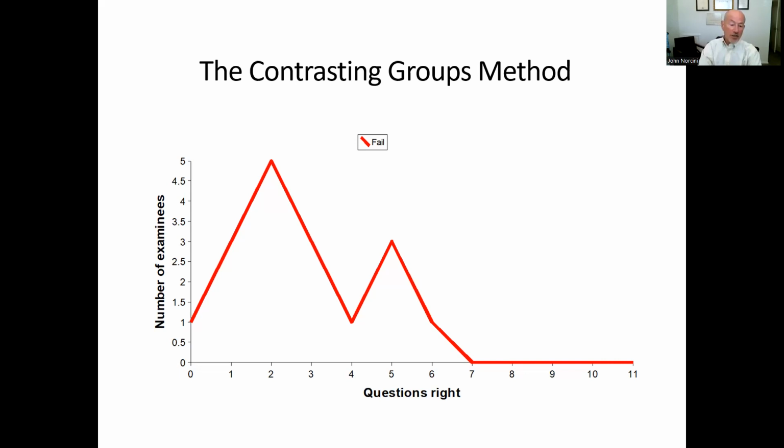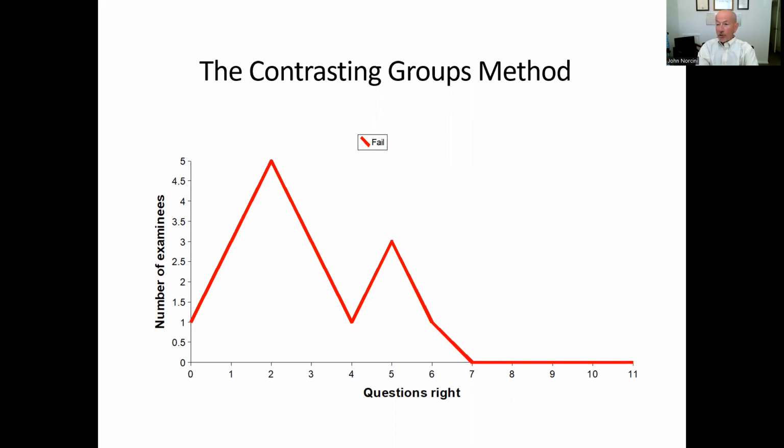As you can see, there was one poor student who got a 0 on the exam, and the judges thought that person failed. And there were 3 people who got a 1 on the exam, and the judges thought that they failed. And there were 5 people with 2s that the judges looked at, and the judges thought that they failed, and so on. And you see by the time you get up to 7, nobody fails anymore.